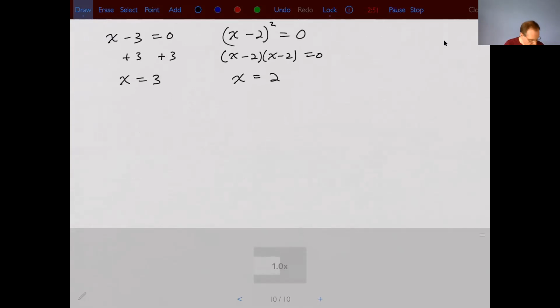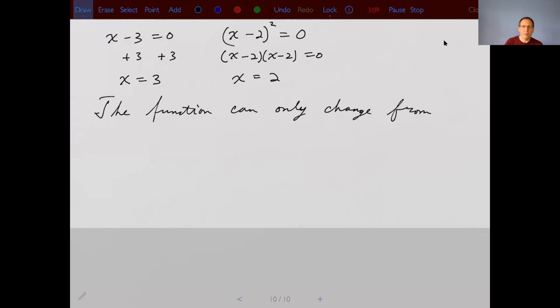So the function can only change from positive to negative, or vice versa.